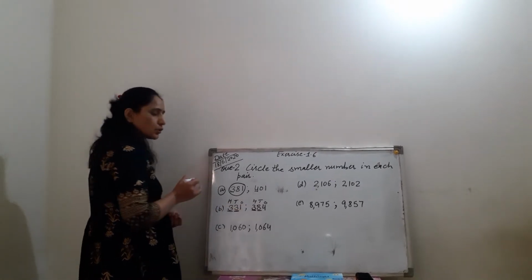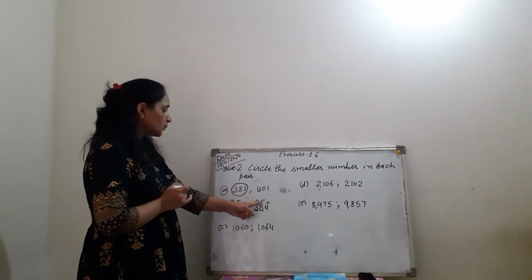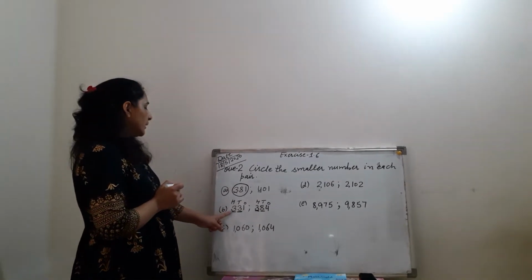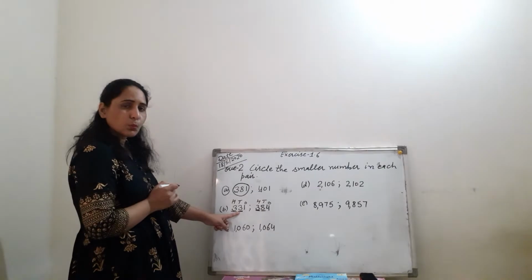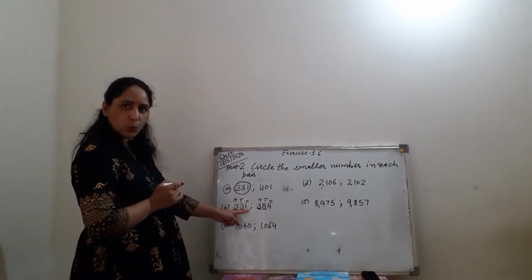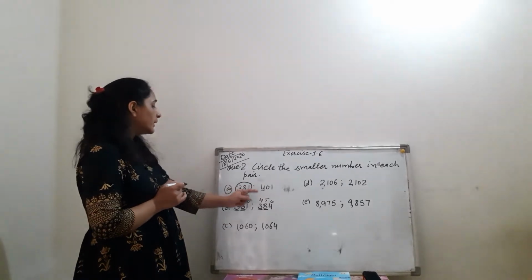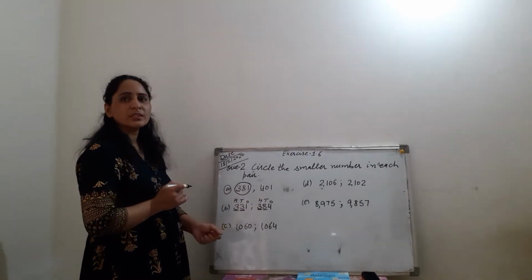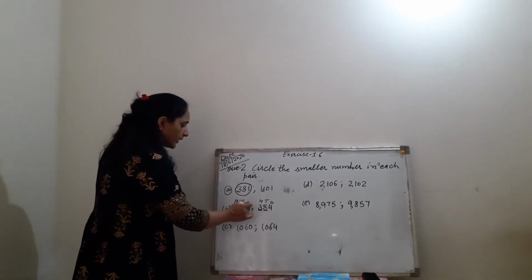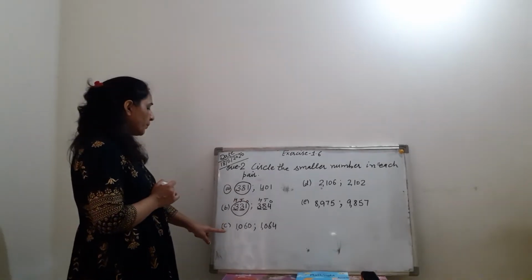Here is 8. So which one is greater? In the tens place here is 8, so this is greater. Here is 3, this is smaller. So which one is smaller? 331 is the smaller number and 384 is the greater number. So we circle 331. Clear?